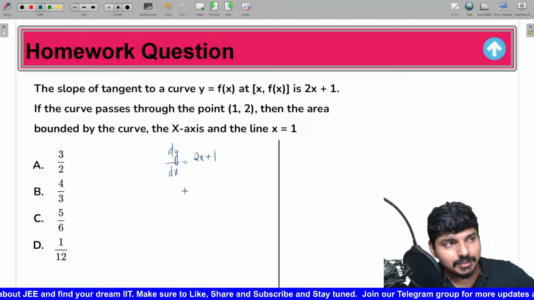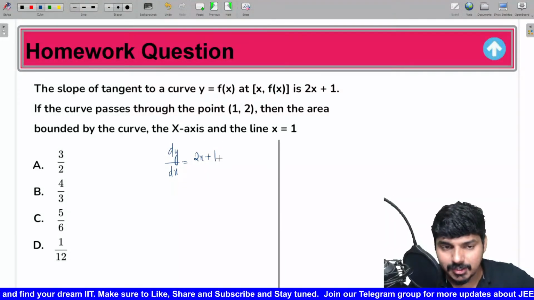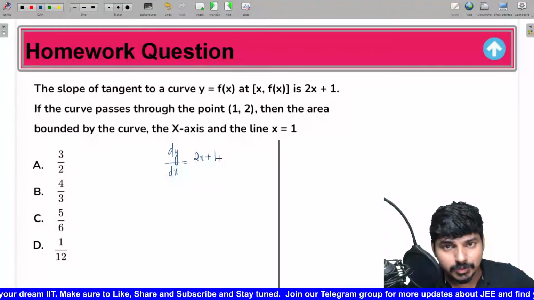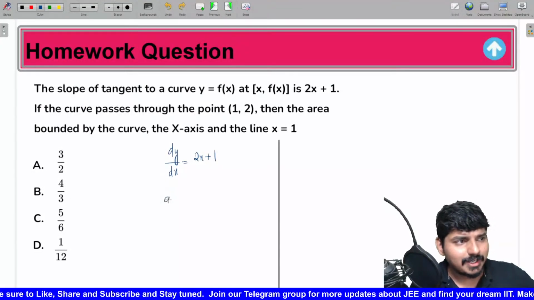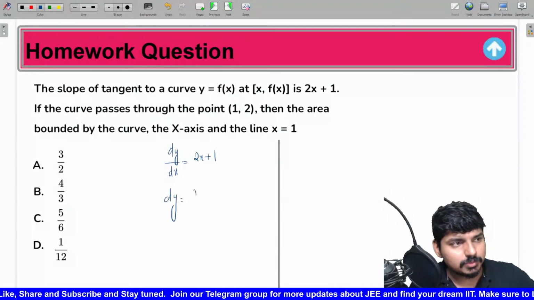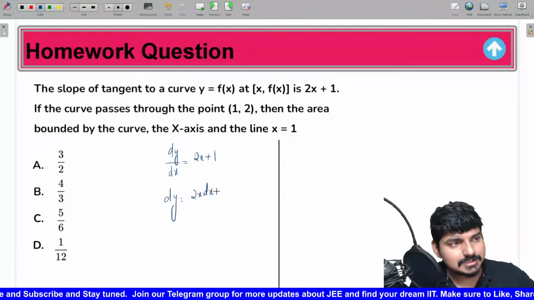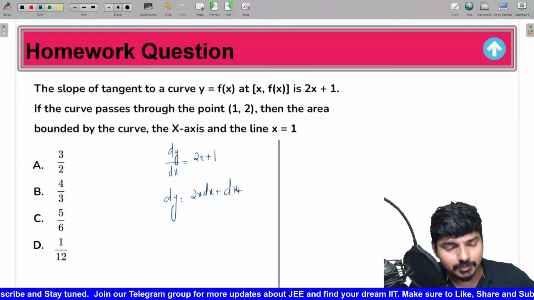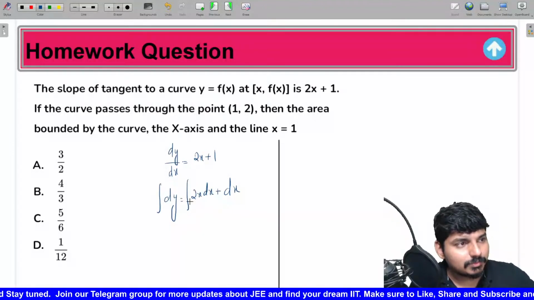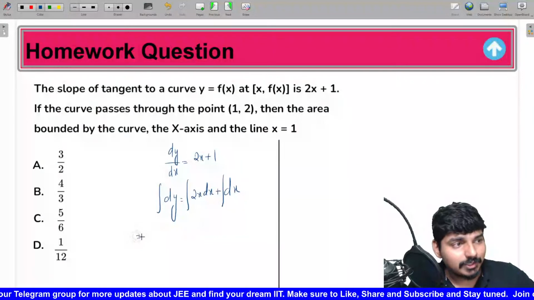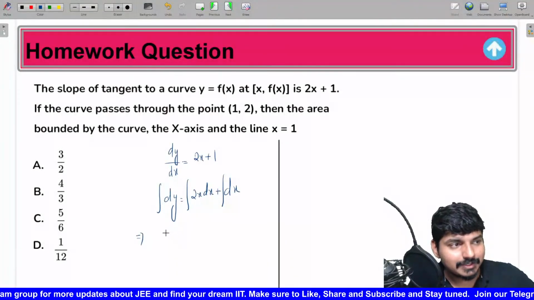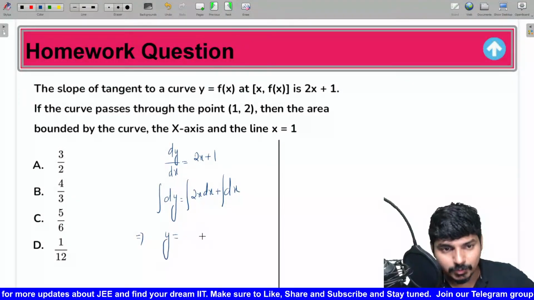Now from here, let us find the function y equal to f of x. For that, let me write dy equal to 2x dx plus dx. Now when you integrate on both sides, what am I going to get? Integration of dy is equal to y.